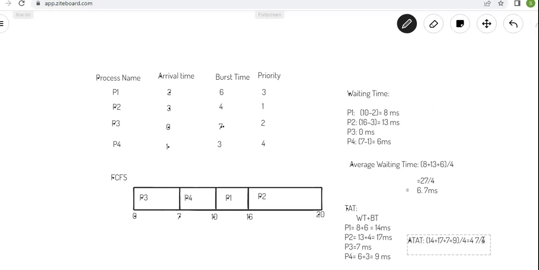That comes to around 10.1 milliseconds, right? This is the average turnaround time for this particular scheduling algorithm. So now we have calculated the average waiting time and average turnaround time for the given processes.